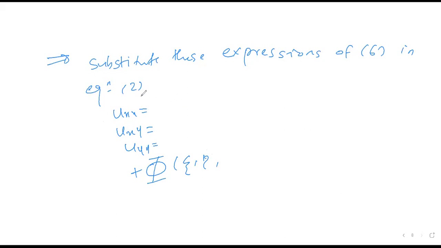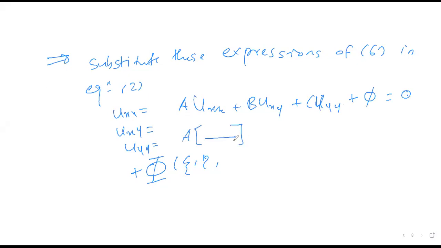In equation number 2, we have a uxx, b uxy, c uyy. So a times whatever you find, write it down, maybe it's a big one, but write it down.